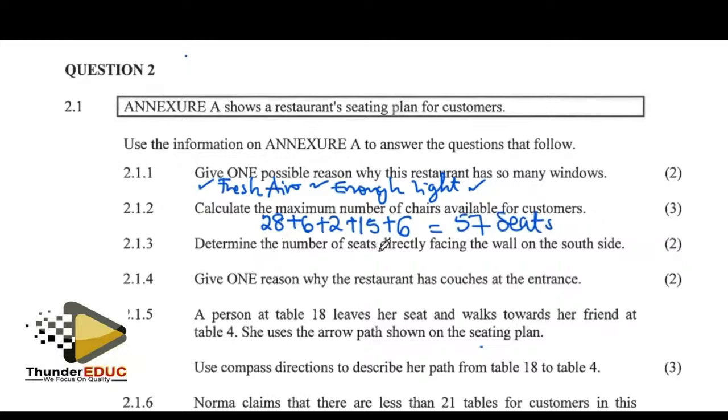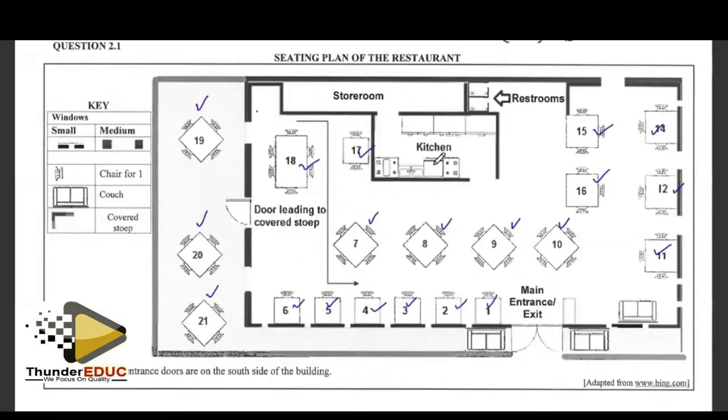Determine the number of seats directly facing the wall on the south side. Let's go back to our next chart. So if you hear south side, first and foremost, look for the compass. The compass is not there, but they have given you here that the main entrance doors are on the south side of the building. So definitely you have to look for the main entrance.